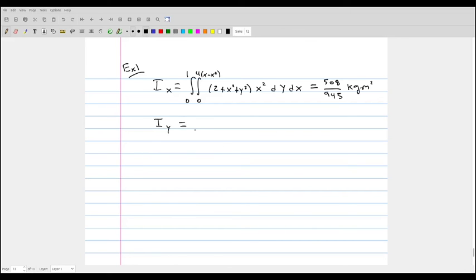The moment of inertia about the y-axis in our example is the integral from 0 to 1 of the integral from 0 to 4 times x minus x squared of the density function times y squared, which is exactly equal to 4,376 over 10,395.